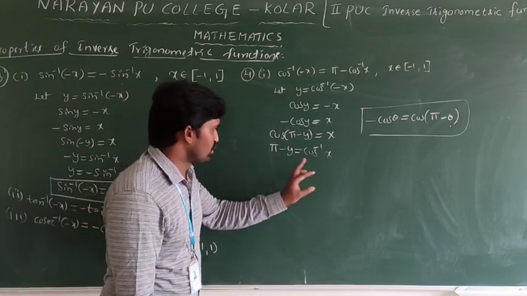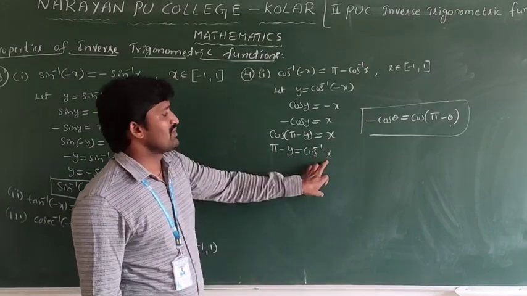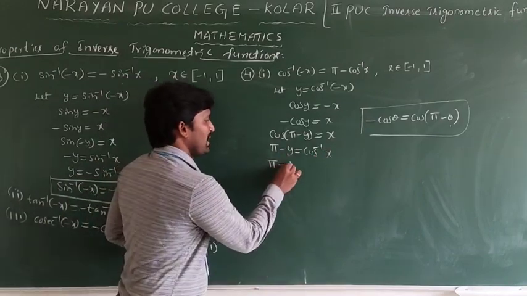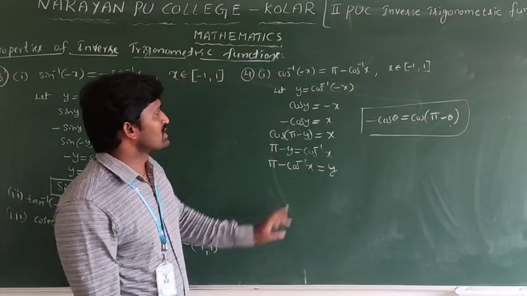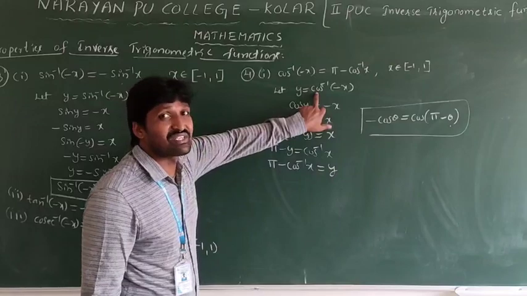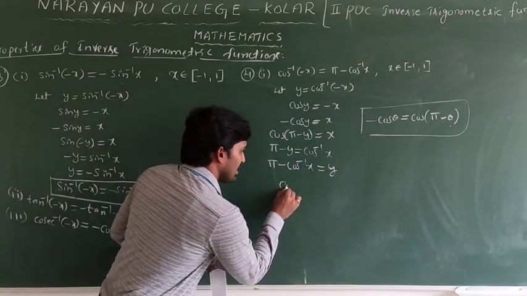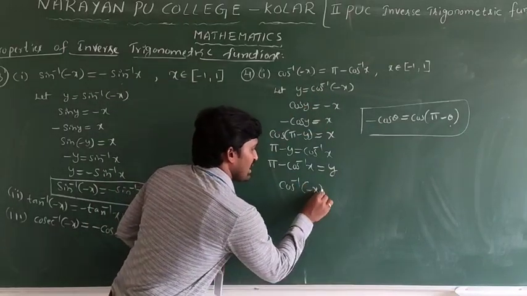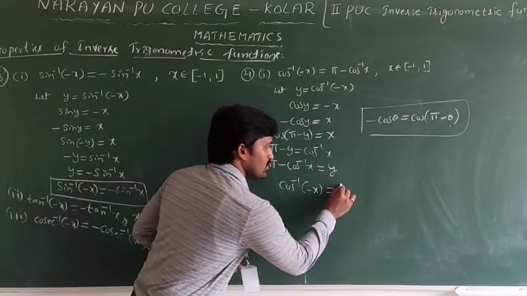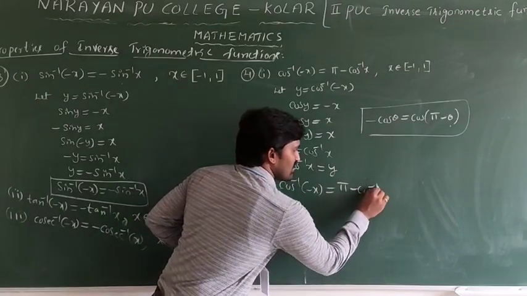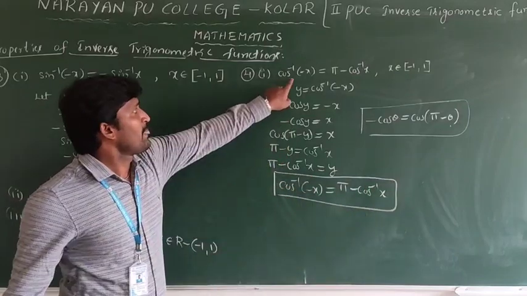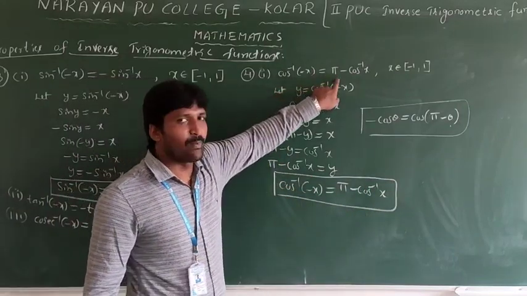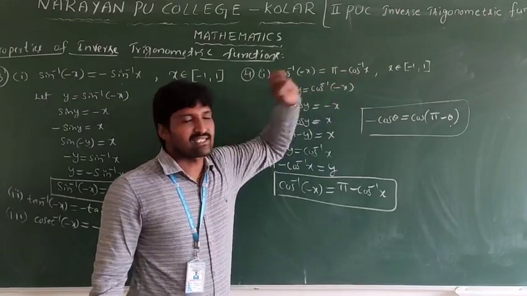Now interchange both: y to the right side and cos inverse to the left side, it becomes pi minus cos inverse x equal to y. What does y stand for here? Cos inverse of minus x. Finally, cos inverse of minus x equal to pi minus cos inverse x. This is the proof for this question.